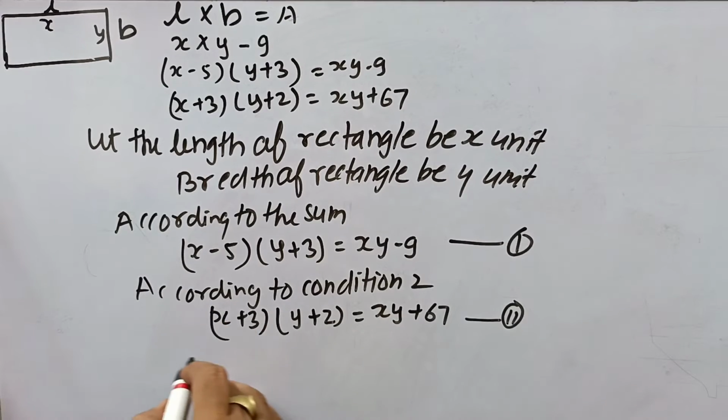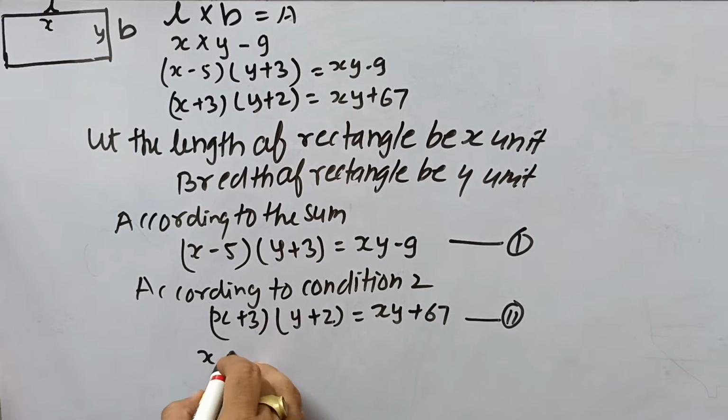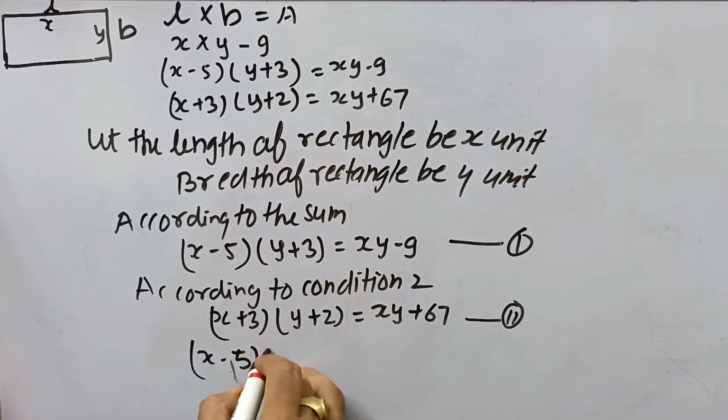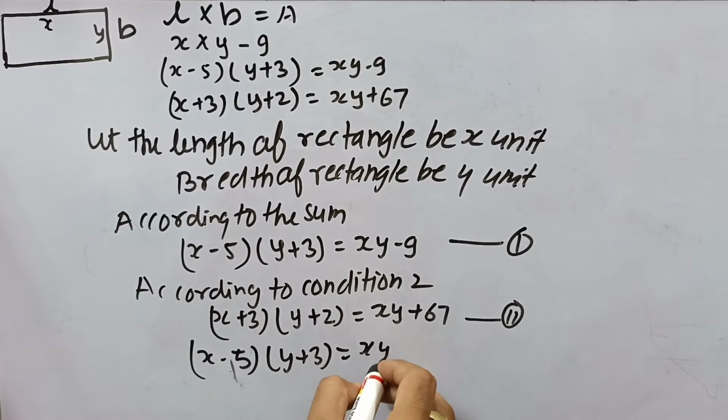So if we take equation 1 and simplify, it becomes (x minus 5)(y plus 3) is equal to xy minus 9.